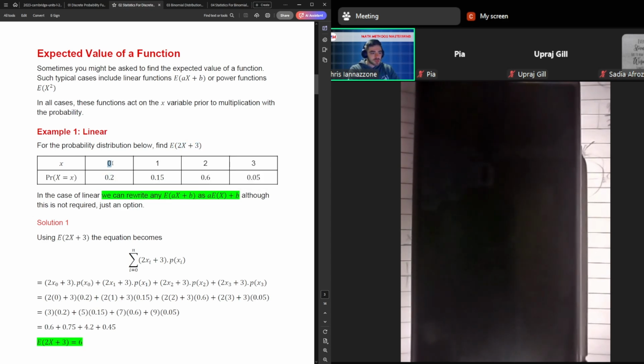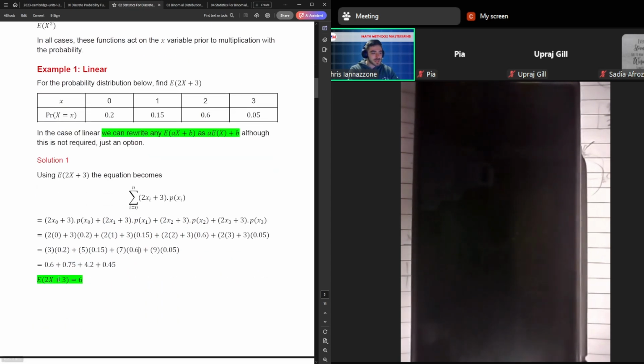So this will be 2 times 0 plus 3 multiplied by 0.2. 2 times 1 plus 3 multiplied by 0.15. And you can see how much hell that would be to write out, but that's the cards you're dealt at that point.